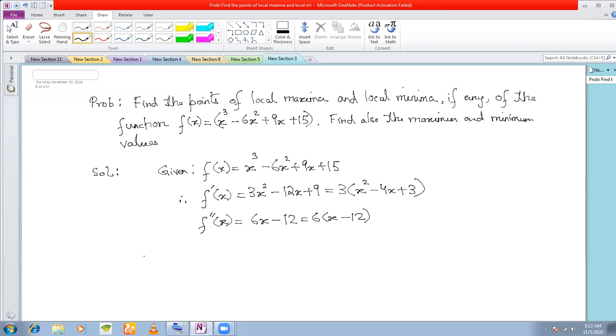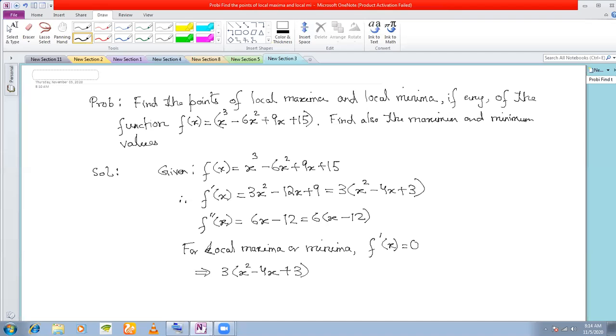Okay. Now what was the condition for extreme points, for local maxima or minima? f dash x is equal to 0. Yes, for local maxima or minima, the condition was f dash x is equal to 0.